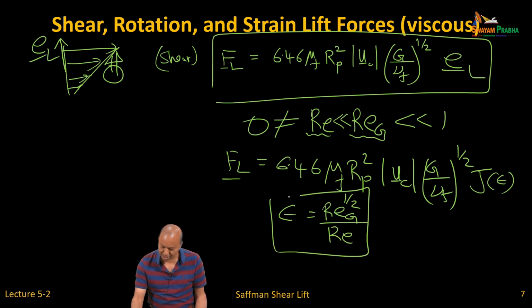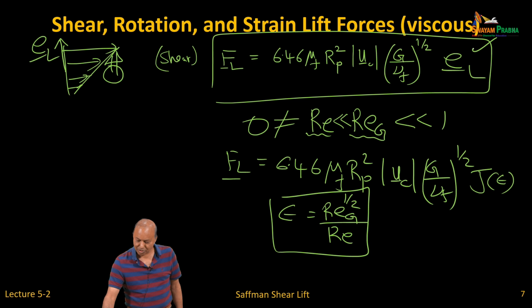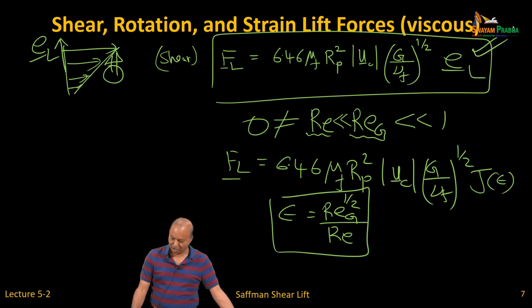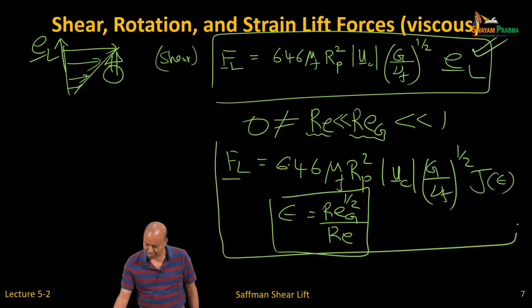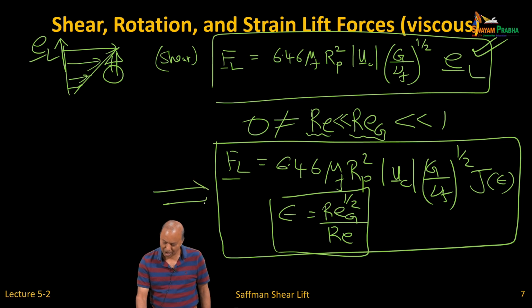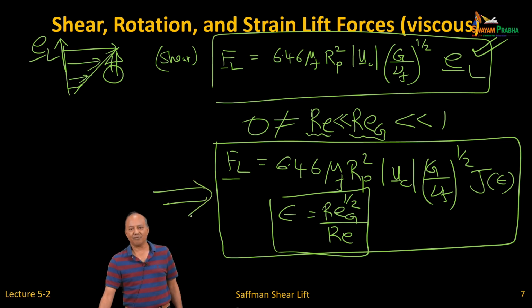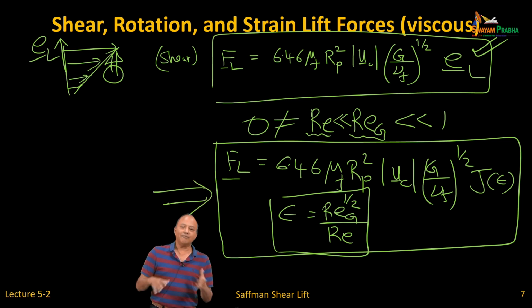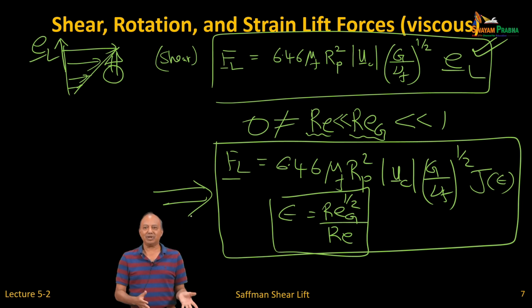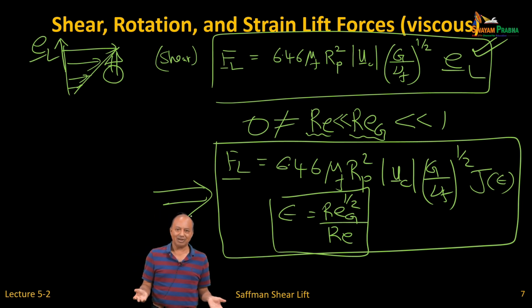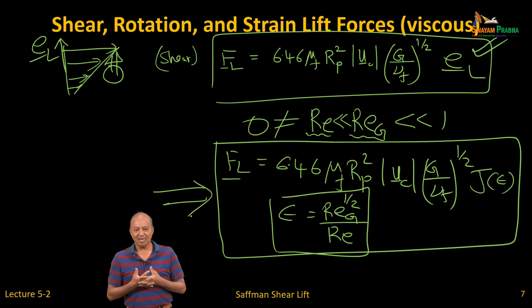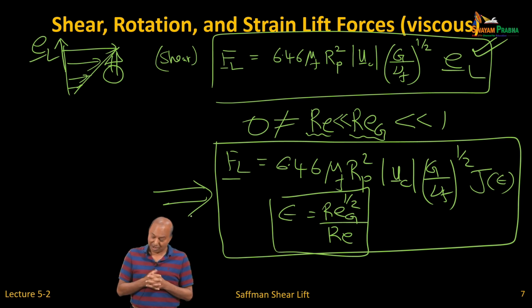Okay. So in other words, this formula was good only in a very specific case. So I would use this formula. This is the modified Saffman's lift force. It's good for any shear Reynolds number, any relative velocity Reynolds number, but they must be small. Actually, it turns out that this formula works really good even for fairly good size Reynolds number.